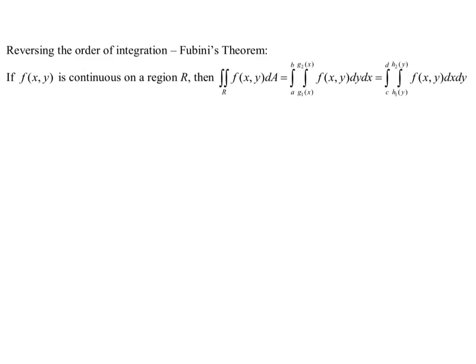This is equivalent to the double integral of f of xy with outer integral from y equals c to y equals d, and inner integral from x equals h1 of y to x equals h2 of y.